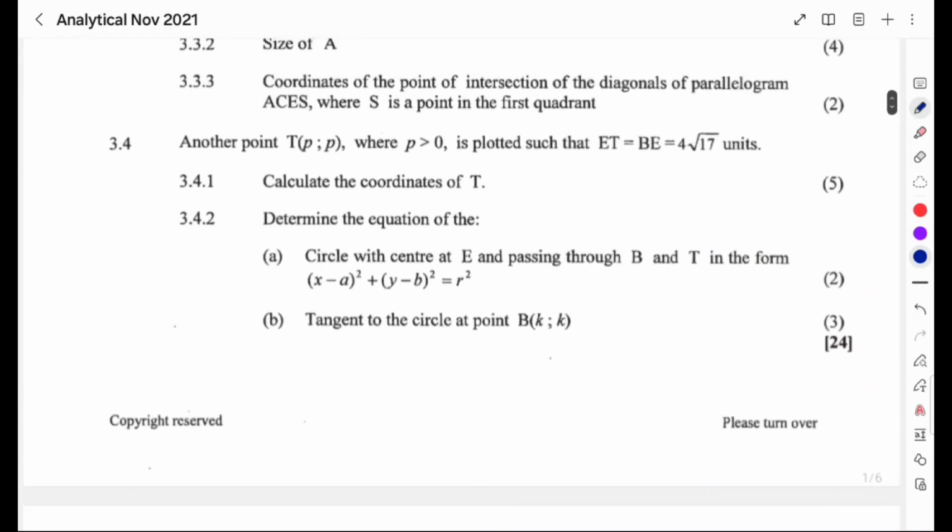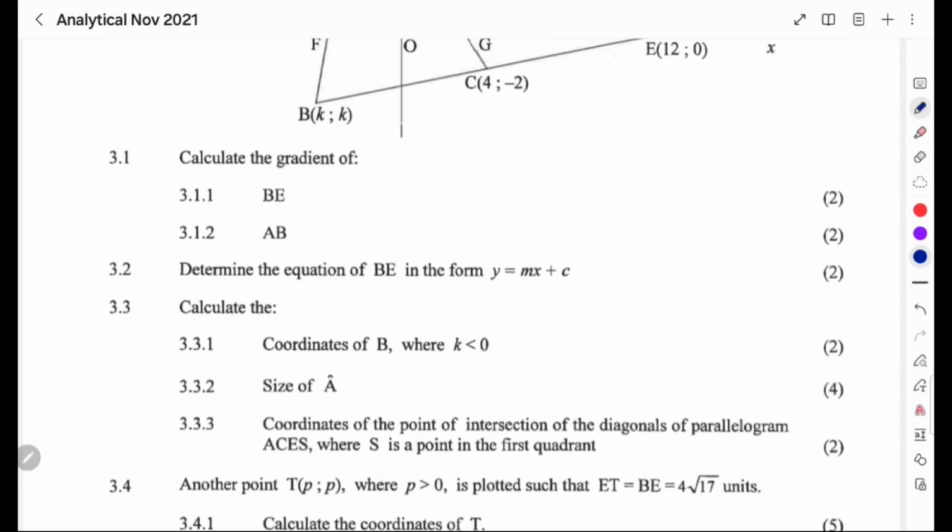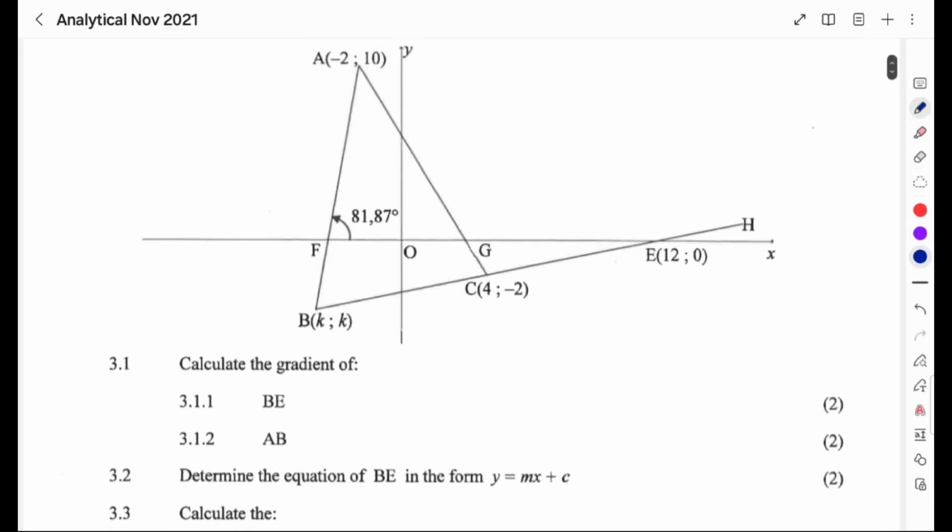Our next question, question 3.2, determine the equation of BE in the form y equals mx plus c. So please keep in mind that we already have the gradient of the line BE.